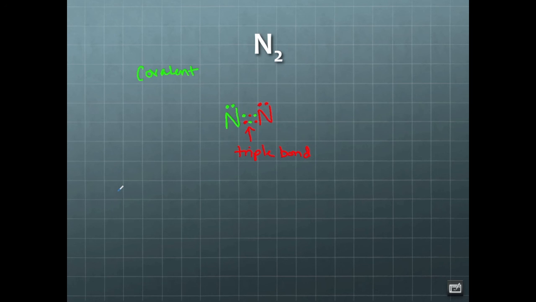So if we're going to rewrite this to just show the bonds, we would have N, 1, 2, 3 bonds to another N, and then each is still going to have a lone pair left over.